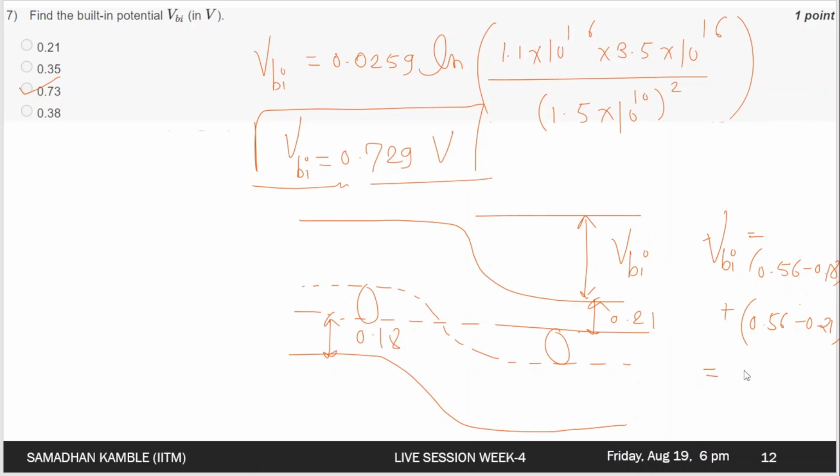This comes out to be exactly 0.73 volt. So we can say that our calculated value is correct.